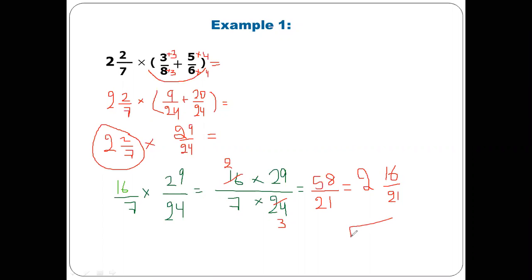Or I can use the long division, 58 divided by 21 is 2, 42, minus, 16. And this is the final answer.